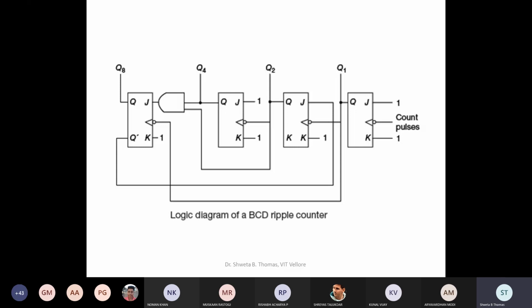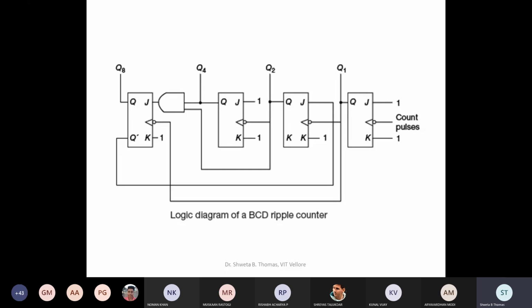If you see, Q8 will trigger Q2, and Q8 will trigger with the negative edge of clock pulses, which is actually the output of Q1. So in other words, I can say Q8 and Q2 will trigger when Q1 goes from 1 to 0, because this Q1 output is given to Q2 and Q8.